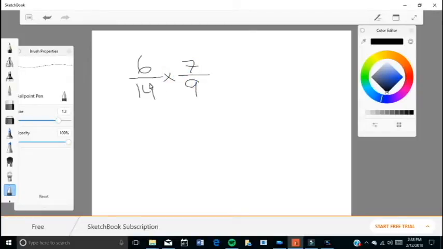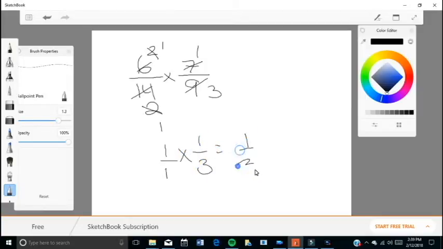The first thing I see is the 14 and the 7. 7 goes into 14 twice and the 7 once. 3 goes into 6 twice and into 9 three times. Look, I have two twos, so I can cancel yet again, once and once. 2 into both. So now I have 1 over 1 times 1 over 3, which gives me 1/3.